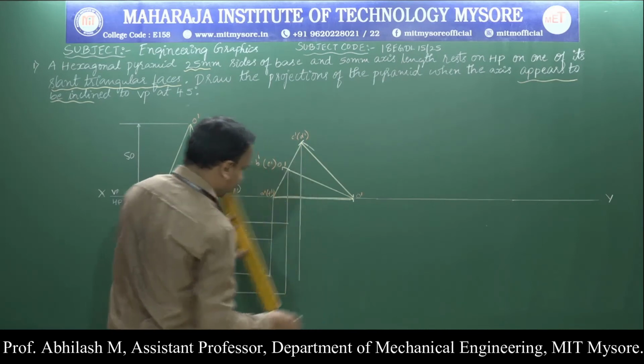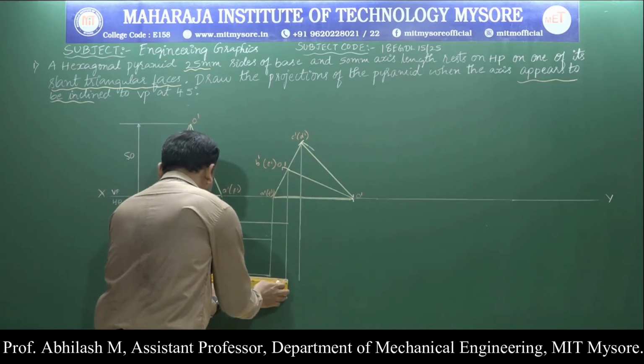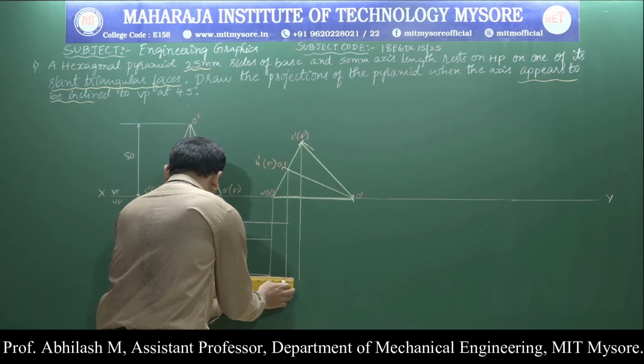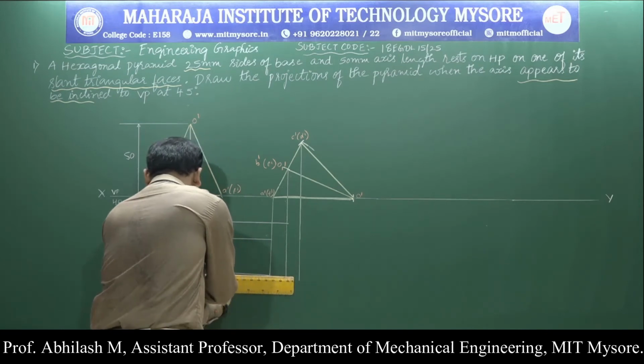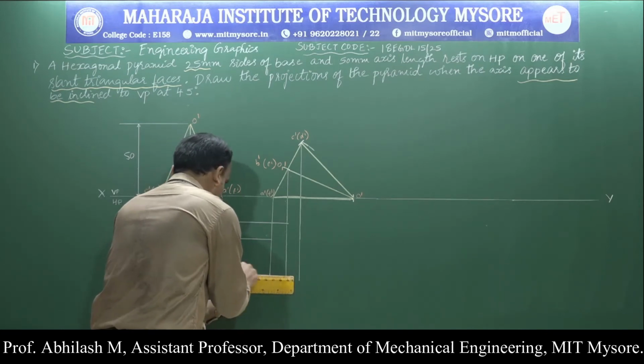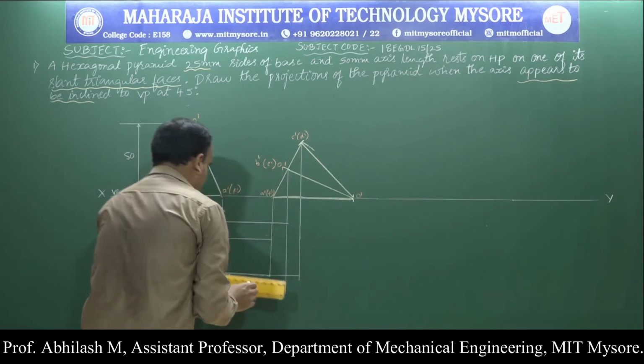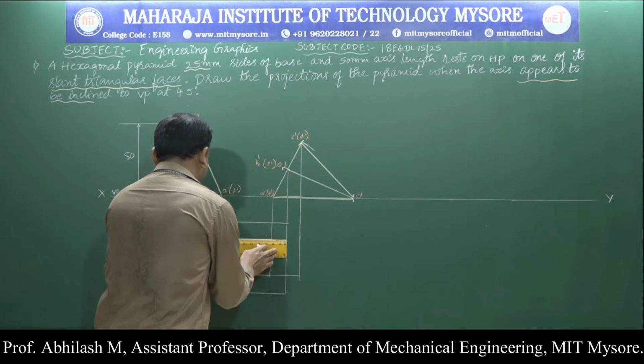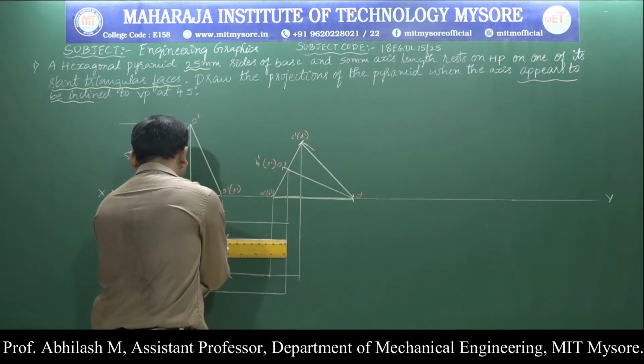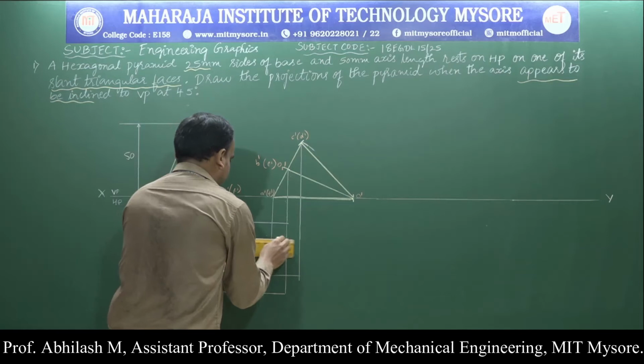So now this C and A lie along the same line, so you can just extend that particular line. Similarly, D and F lie along the same line. Just extend that line.